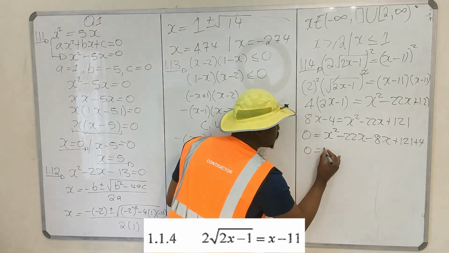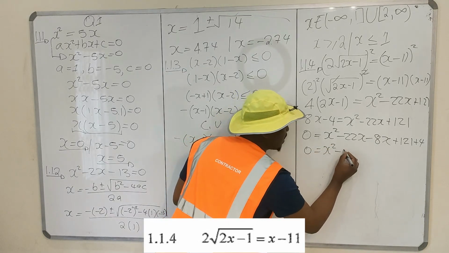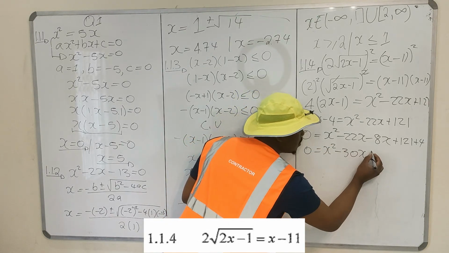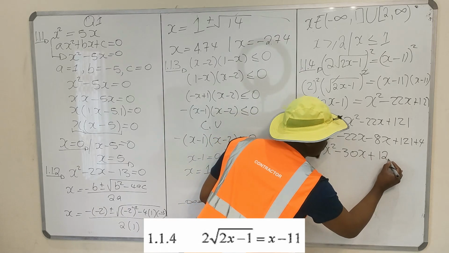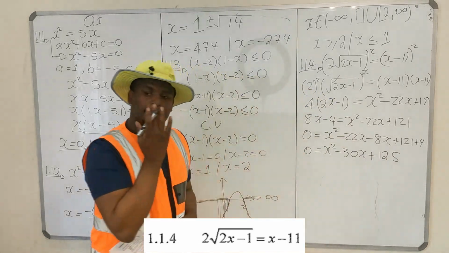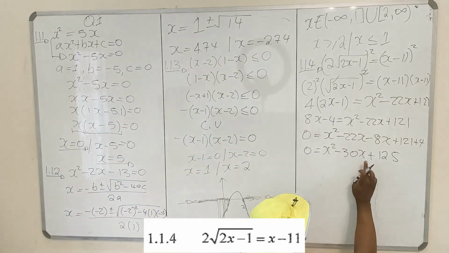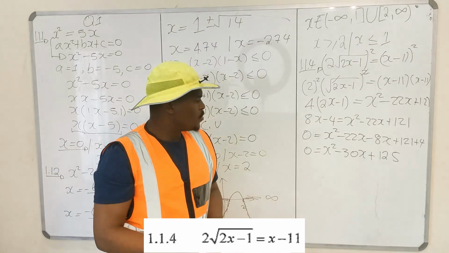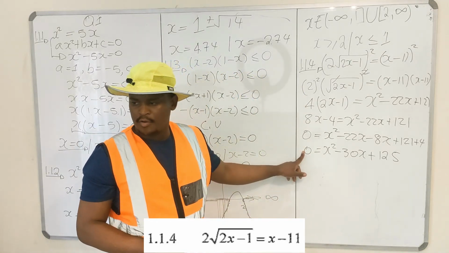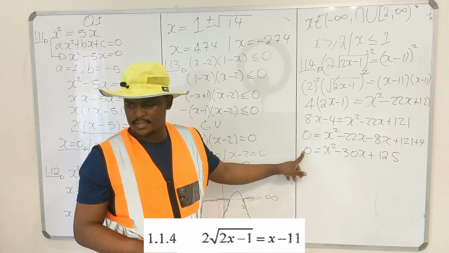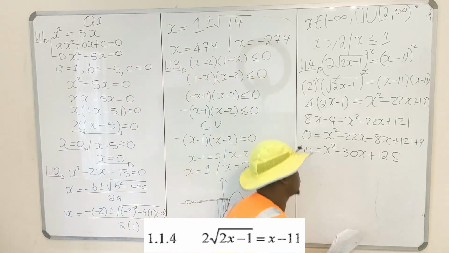We have 0 is equal to x squared minus 30x plus 125. Are you guys following? Yes. There we go. When you're here, you can use the quadratic formula or factorize. So let's try to factorize it.